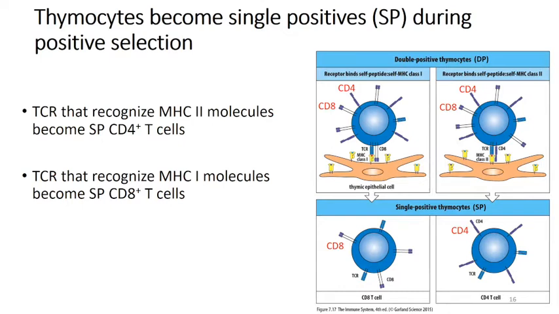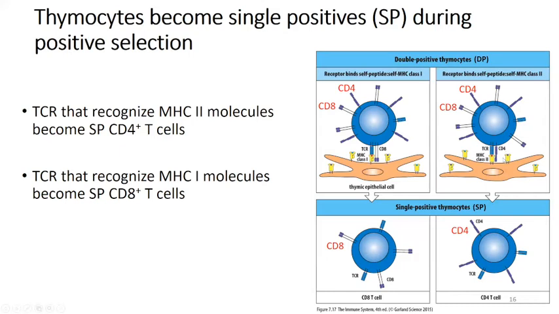We said with the thymocytes are either CD4 or CD8, and not both. So these double positives have then become single positive. And that's really determined by whether that T cell receptor has an affinity for either MHC. So those receptors that recognize MHC class 2 molecules, here we have CD4 and CD8, and it's got a T cell receptor that's reacting or binding to class 2 MHC molecule.